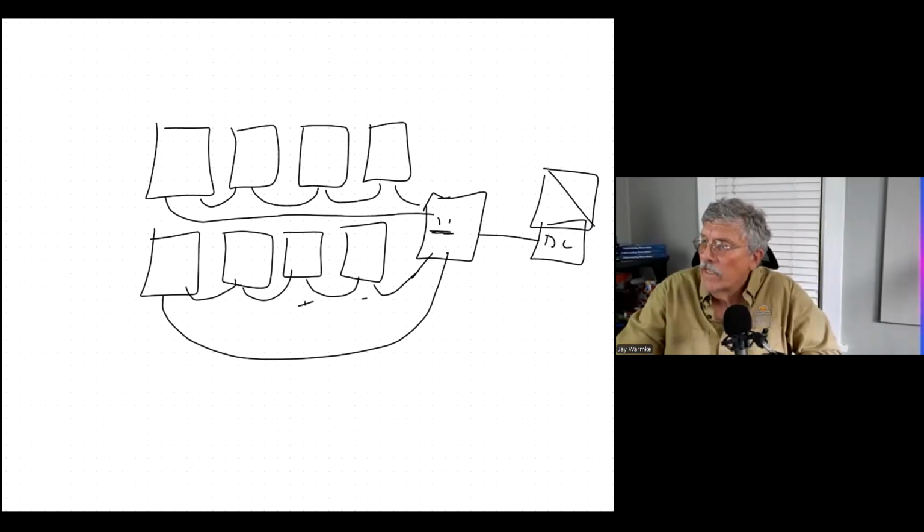Well, this string is going to go through that DC disconnect and connect into that MPPT. So by combining these 2 strings, there's only 1 MPPT, and all of the array is going to act as a single unit, controlled by one MPPT.